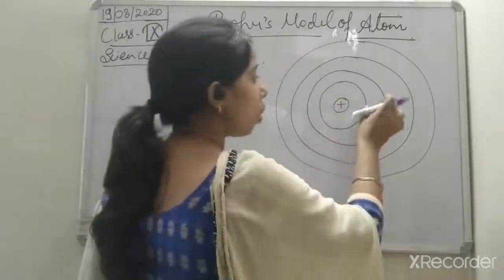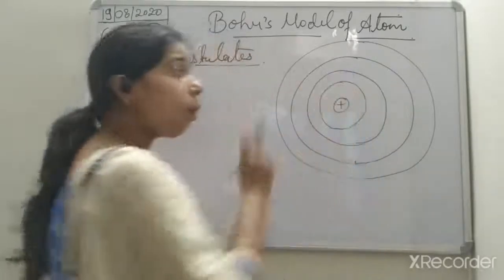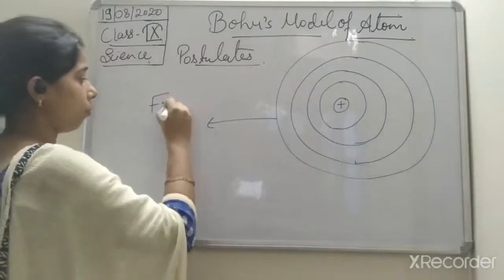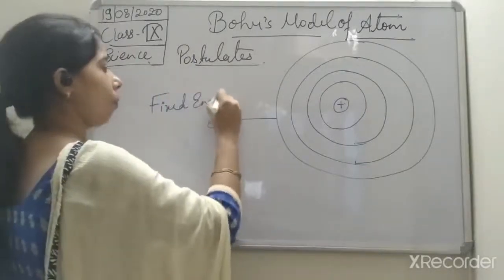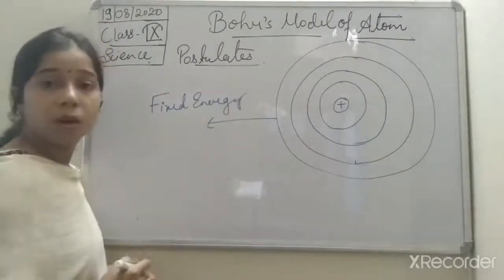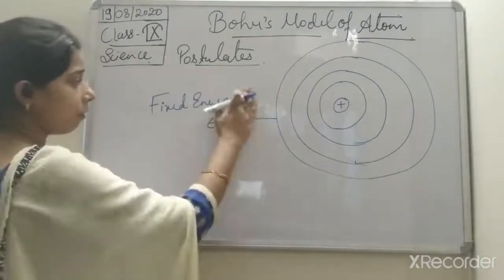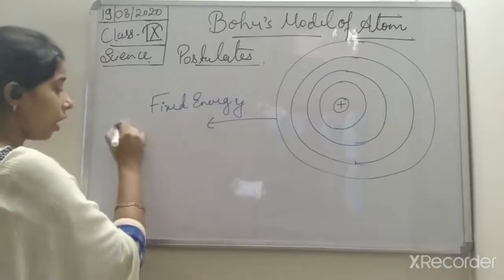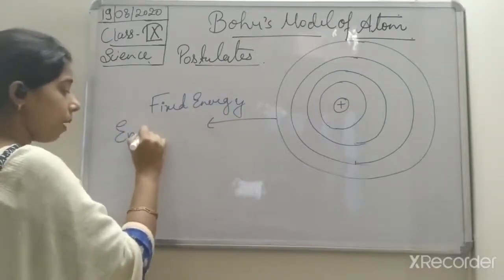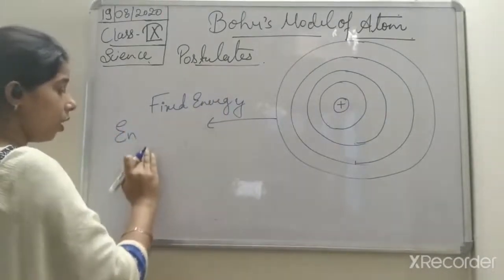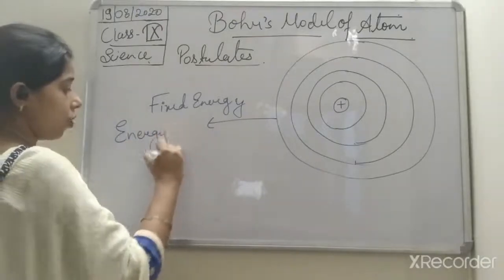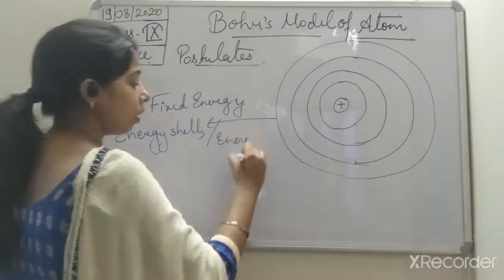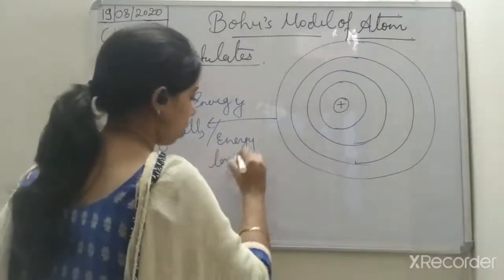Now, all these orbits are having fixed energy, and since they have fixed energy, they are also known by a name, that is energy shells or energy level.